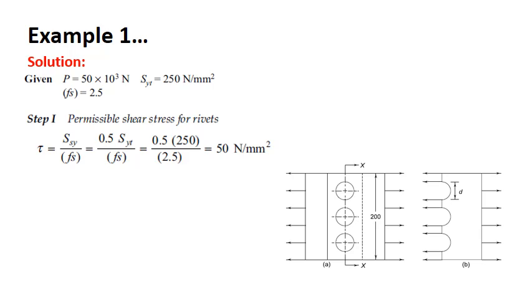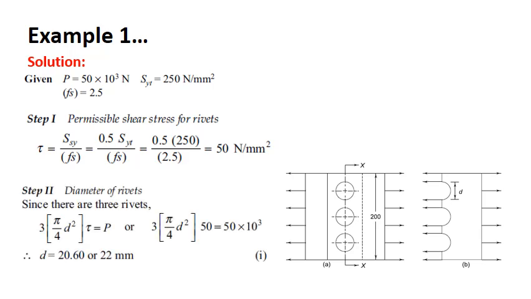What is the shear yield strength? That is 0.5 times the tensile yield strength, that is 125 by 2.5. So the maximum shear to which the rivets must be subjected is 50 Newton per millimeter square or 50 MPa. This is the permissible stress, and from this you have to calculate the diameter of the rivet.